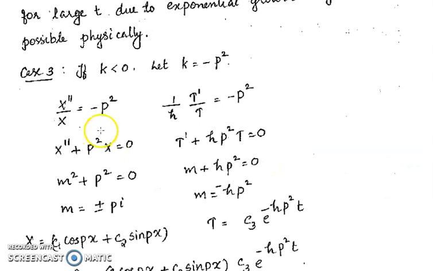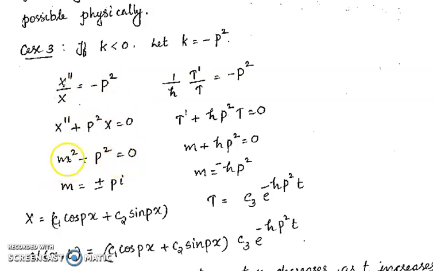Then we consider third case, k is negative. Then here we take k equal to minus p square. Then we have X double dash by X equal to minus p square. On cross multiply we have X double dash equal to minus p square X. That is same as X double dash plus p square X equal to 0. And its auxiliary equation is m square plus p square equal to 0.